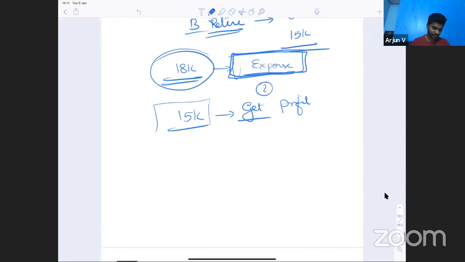Therefore, when one partner retires, the firm will get the surrender value of all the three partners. When they are getting the surrender value, that is treated as an income. Why income? Because whatever I paid earlier, I treated as an expense. You all understood this?